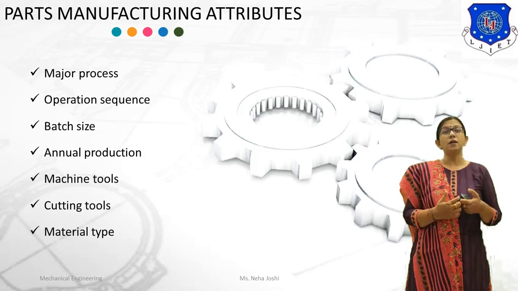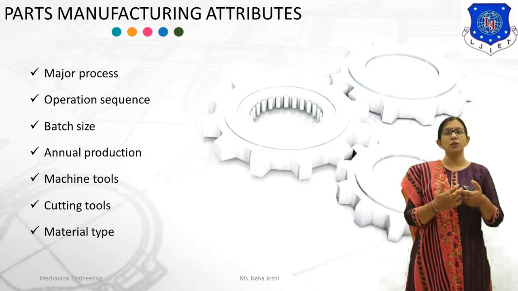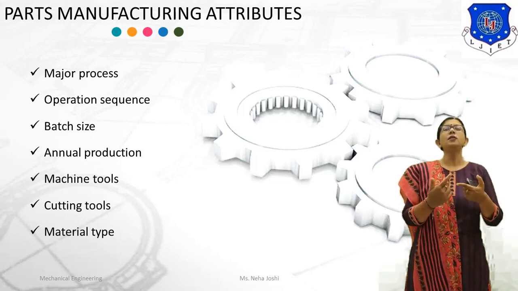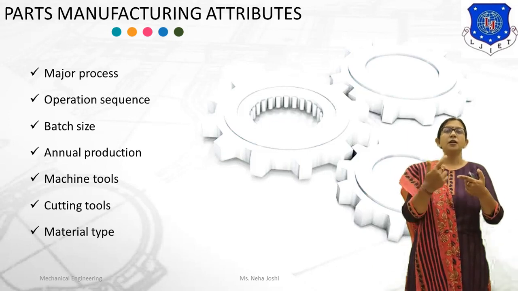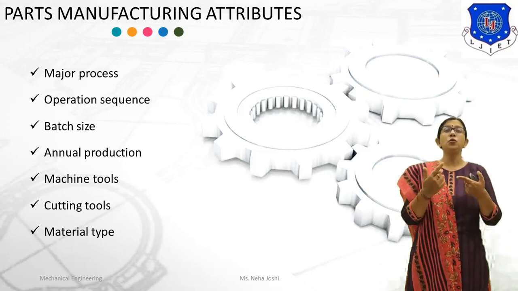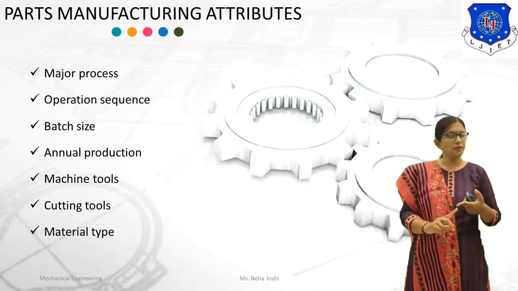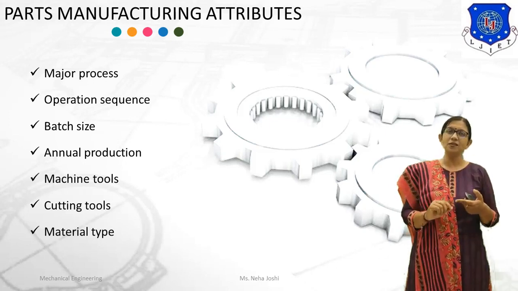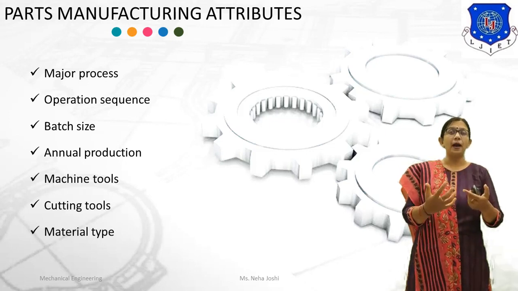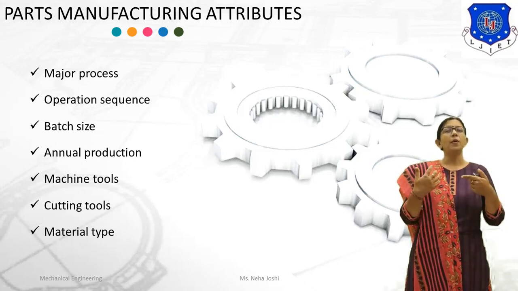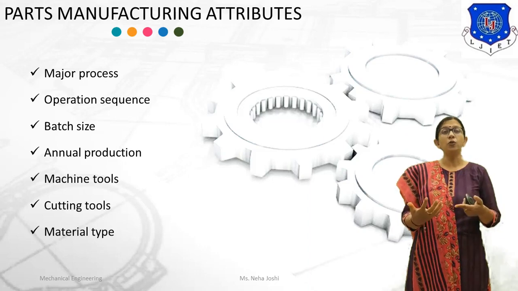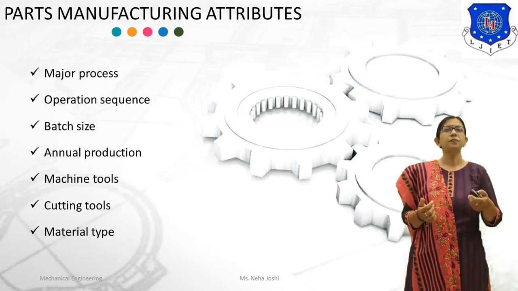This category of system is used for computer-aided process planning, tool design, and other production-related functions. The different manufacturing attributes used for part classification in this system are major process required, then operation sequence, batch size of the part, annual production, machine tools, cutting tools, and material type.